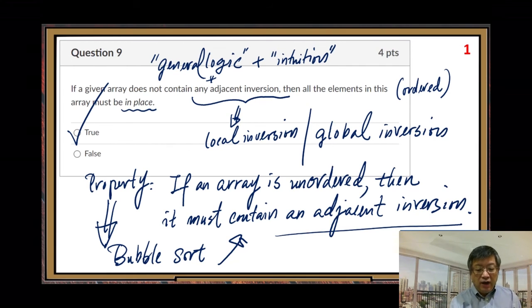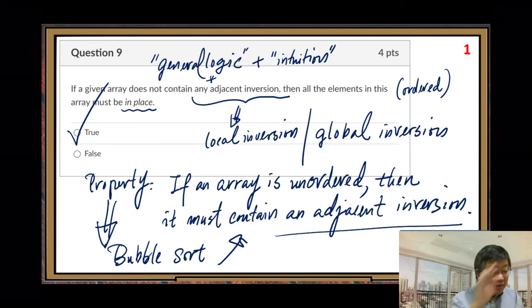Although using a global inversion is also correct, a global inversion will result in an adjacent inversion. If an array contains a global inversion, then it must also contain an adjacent inversion, because of the transitivity property.